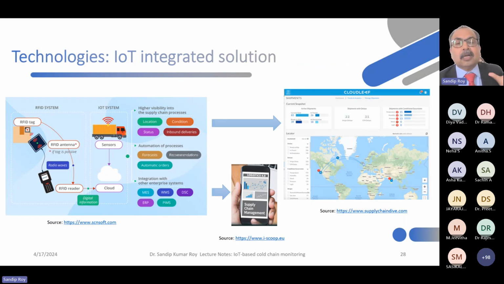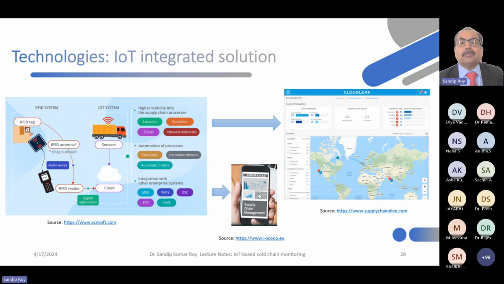This is another integrated system wherein RFID, cloud, sensing, and GPS are all working together to know where my product is at any instant of time. Let's say something is coming from the USA to India via multiple hubs, via Dubai or USSR or wherever. You still need to manage and see how things are going, where it is, what time it will reach, and what the temperature is at that point in time.